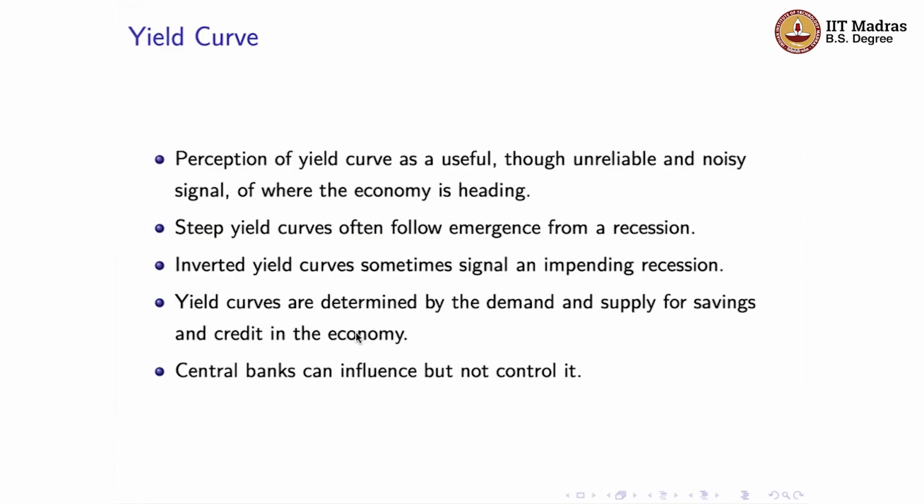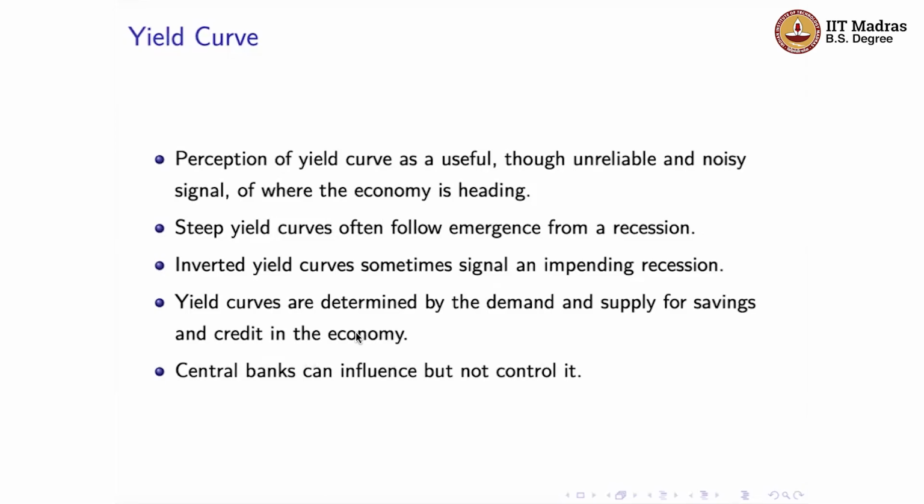So how are these yield curves determined? And can the central bank authorities influence it? So, as in most things in economics and finance, these curves are basically determined by the demand and supply for savings and credit in the economy, right? So these are basically the demand for the bonds and the supply of these bonds, and this is what helps to determine the structure.